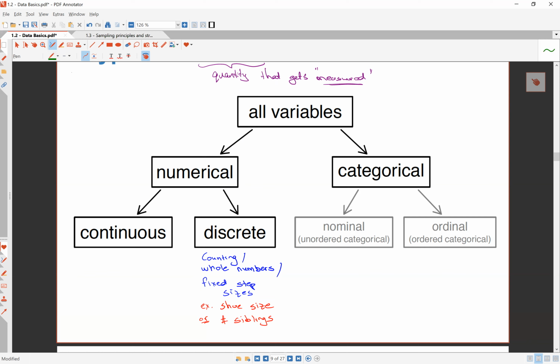Something is continuous if we can always improve the accuracy by using a more accurate measuring instrument.